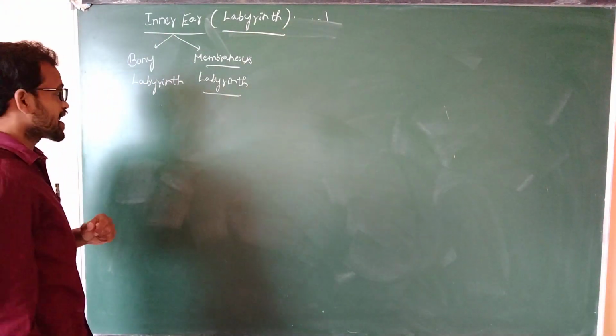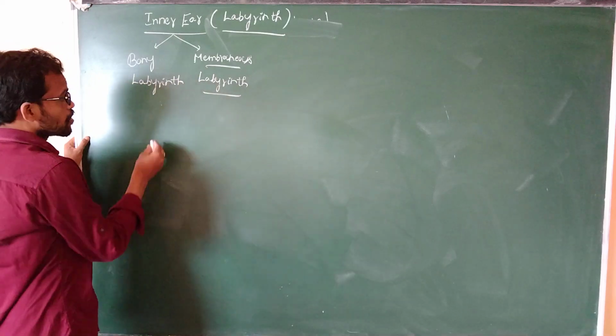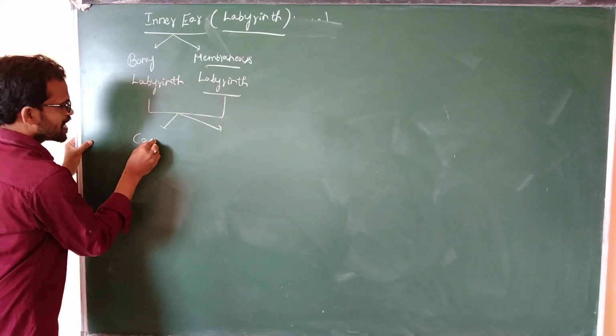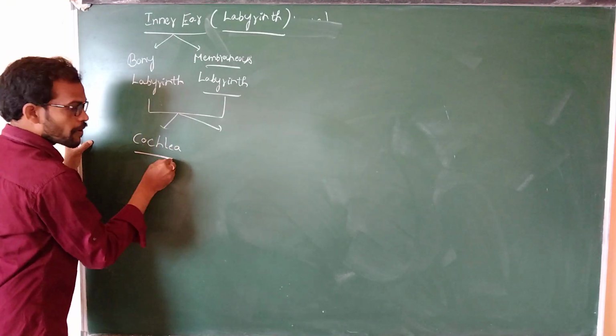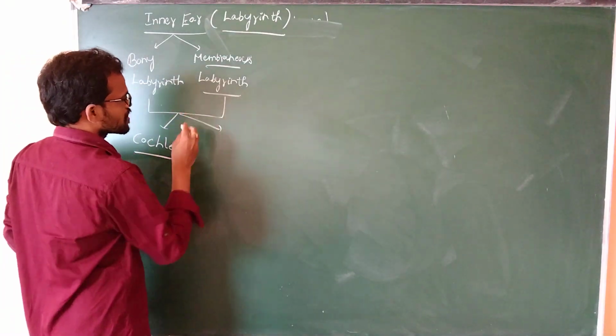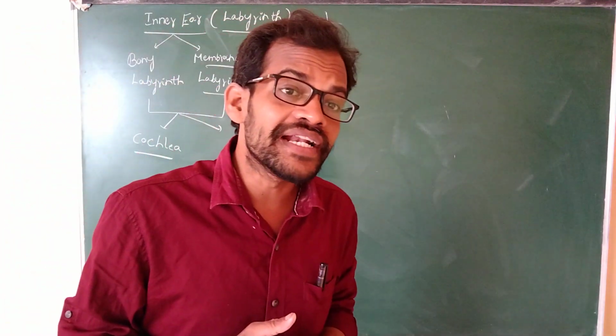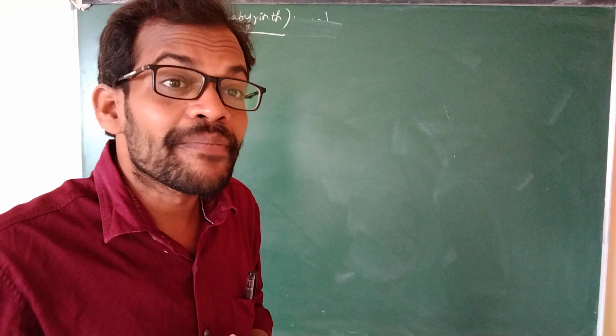Both the bony labyrinth and membranous labyrinth are present in the cochlear part, which is a coiled organ. The outer part of the cochlea is bony. The inner part of the cochlea is membranous labyrinth.